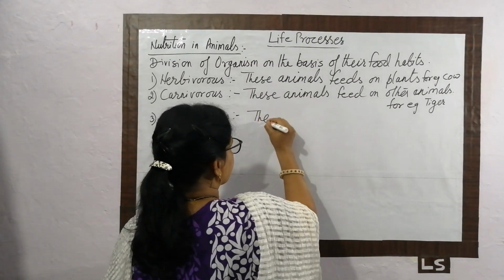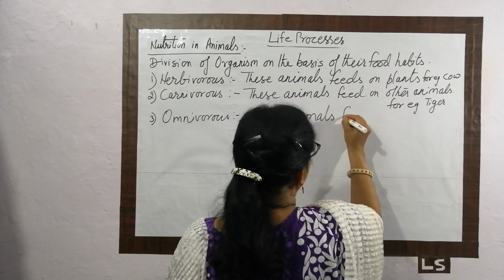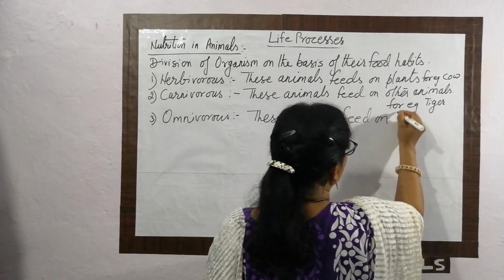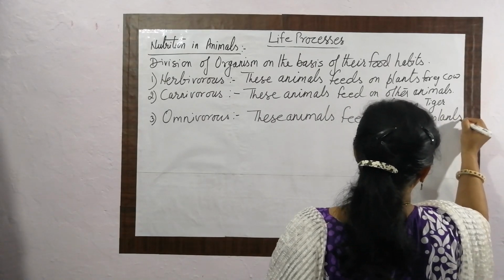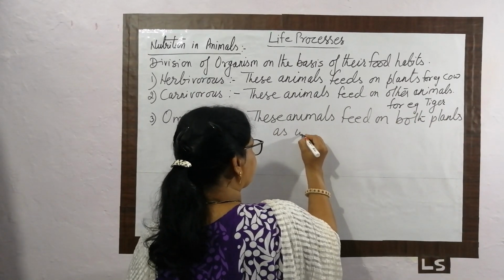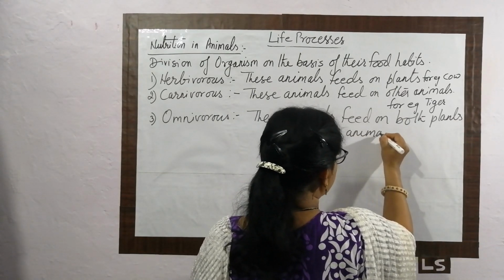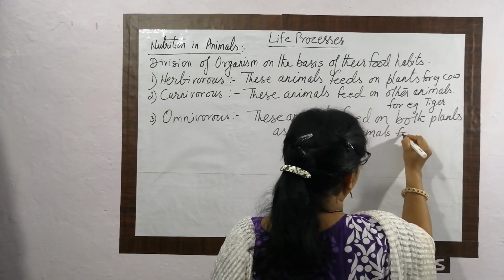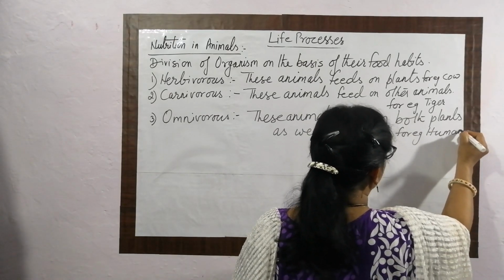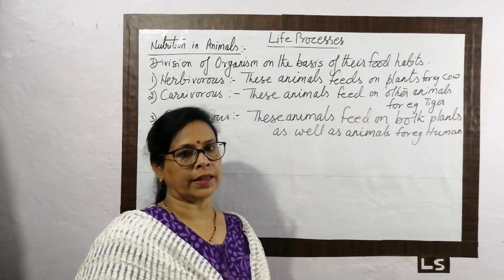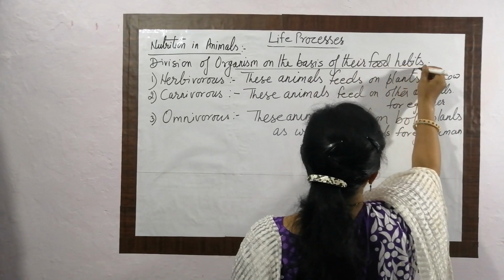These animals feed on both plants as well as animals. The best example is human. We are omnivorous in nature. These are the three categories on the basis of the food habit of the organism.